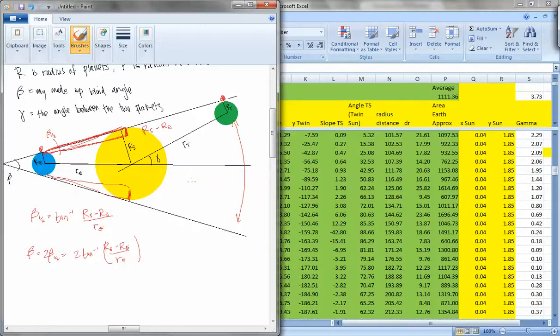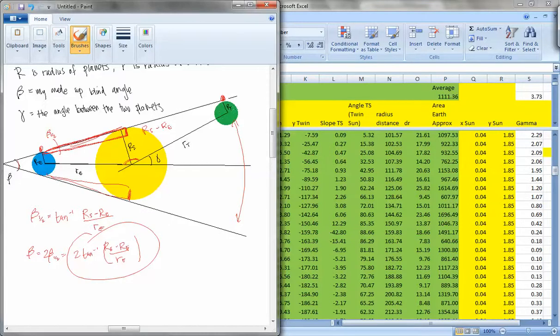So I think that beta is actually twice this value right here. So this is my beta. I'm still working on relating that back to gamma, my angular separation. It's not this one, but in the formula that I use over here, it's the smaller of the two angles.